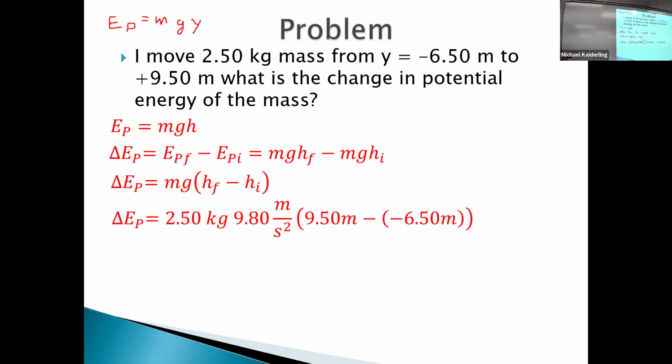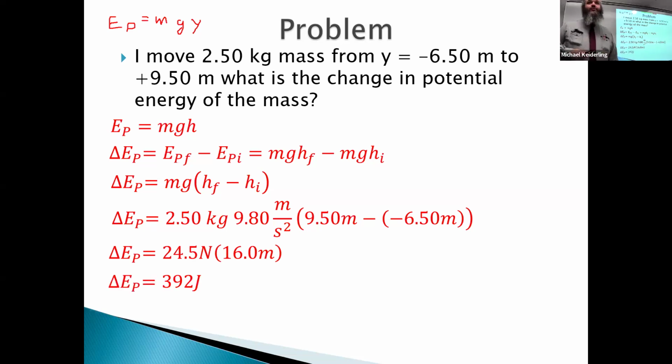So 2.5 kilograms times 9.8 meters per second squared times the quantity 9.5 meters minus negative 6.5 meters, which comes out to 24.5 newtons times 16 meters. You're subtracting a negative number, which is the same as adding. And so 392 joules.